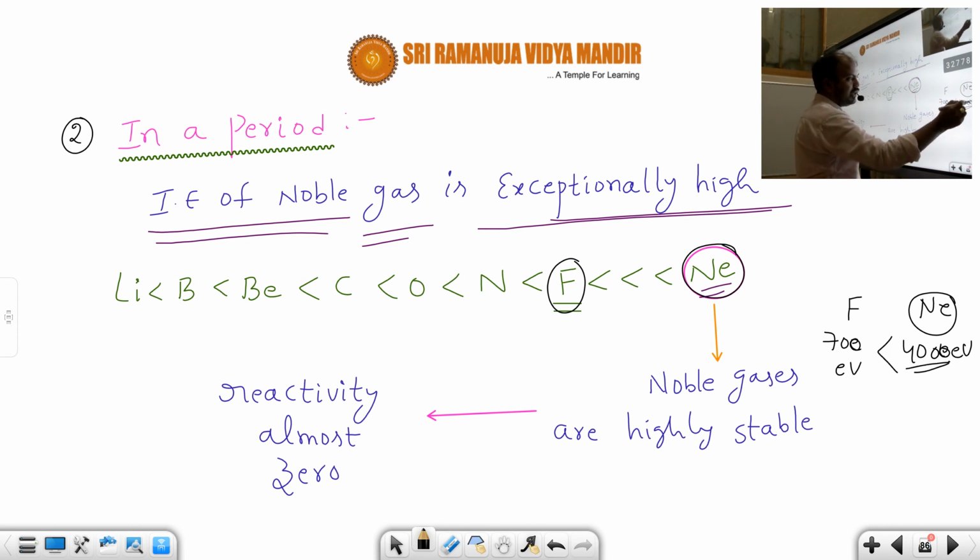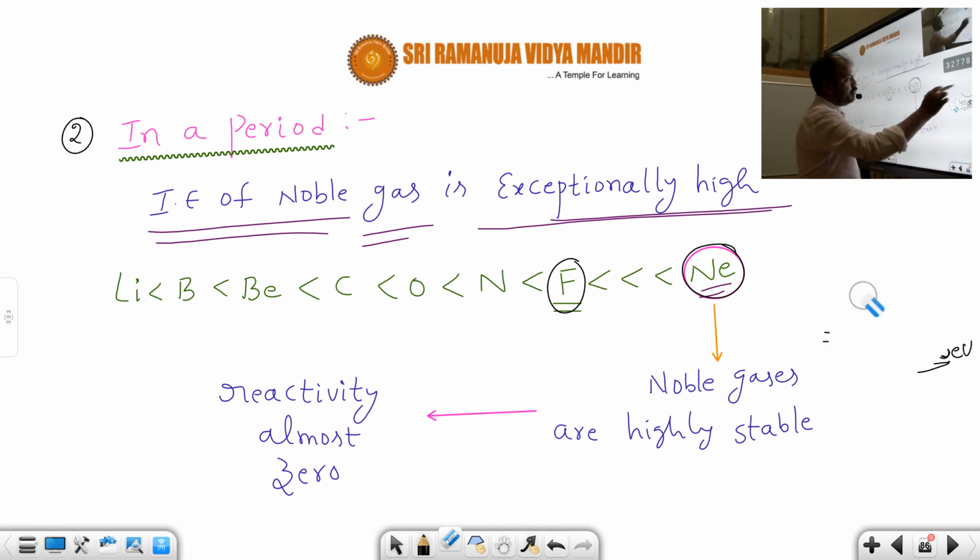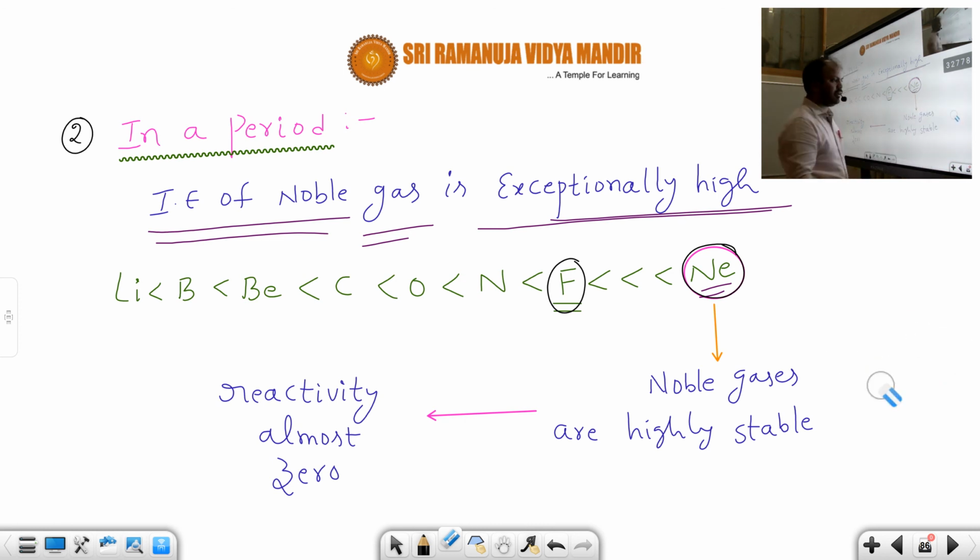Due to this, noble gas ionization potential values are exceptionally high compared with non-metals, transition metals, as well as metals. But don't forget that metals have low ionization potential, non-metals have high ionization potential, and transition elements have values midway between metal and non-metal. But in the case of noble gases, IP values are exceptionally high.